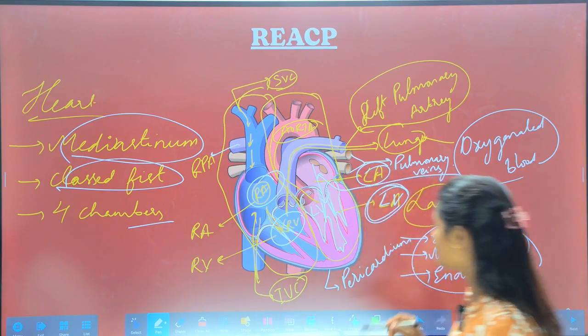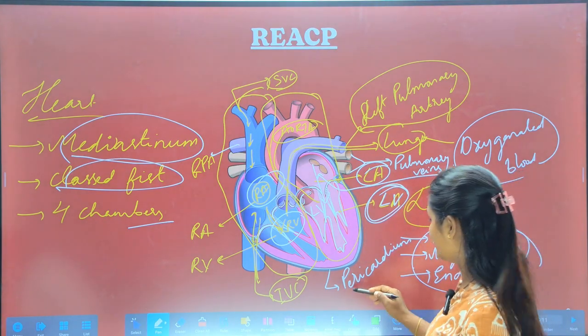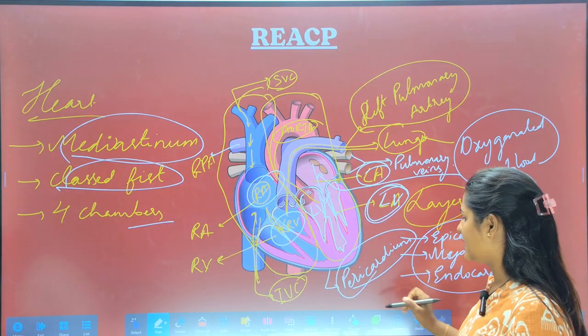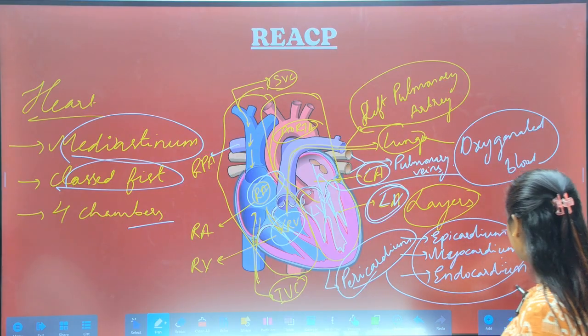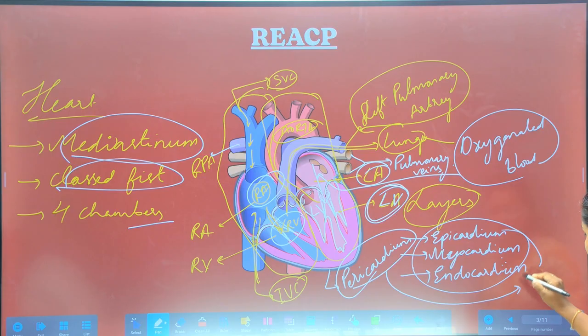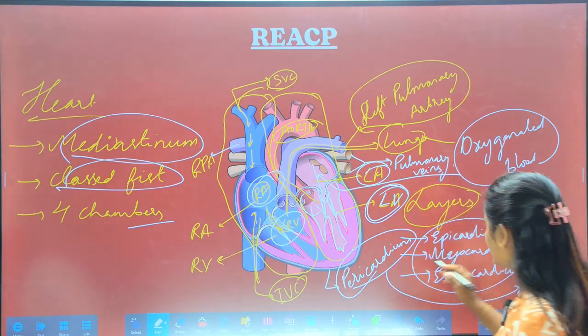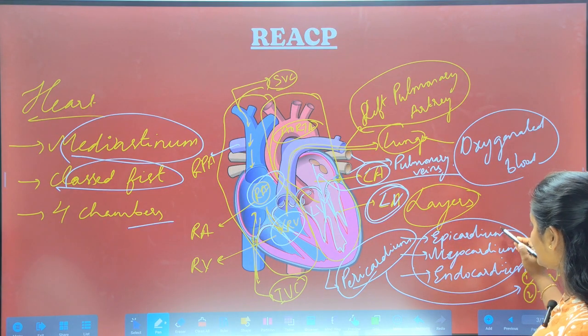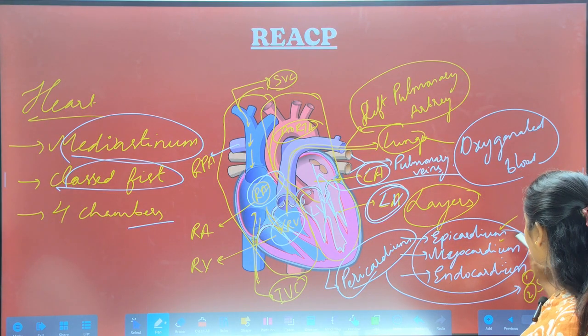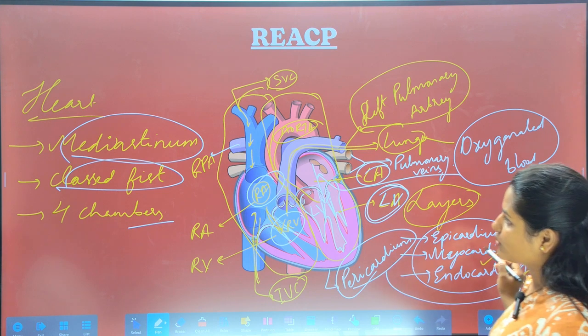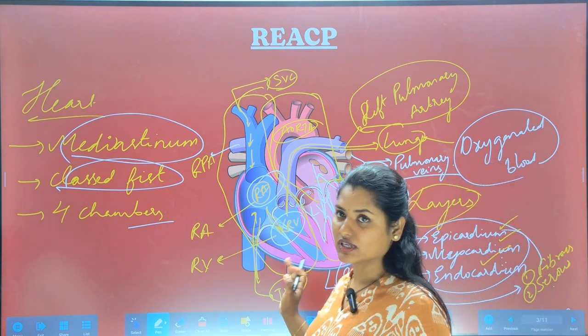And coming to the outermost layer of the heart, it is called pericardium. It is also divided into two layers: one is fibrous pericardium, and the next one is serous pericardium. Next, coming to layers of the heart, it has epicardium, myocardium and endocardium. So in the last class we have discussed these.